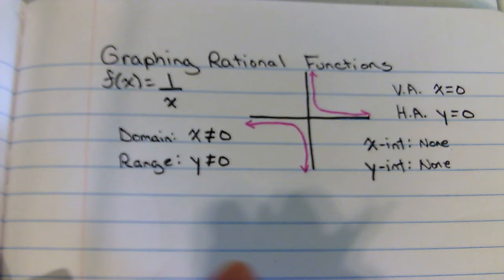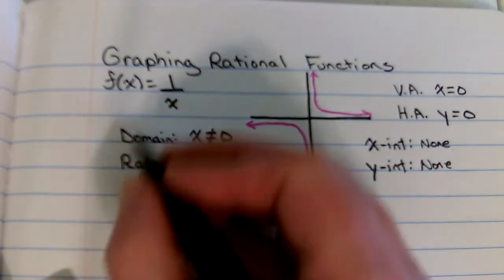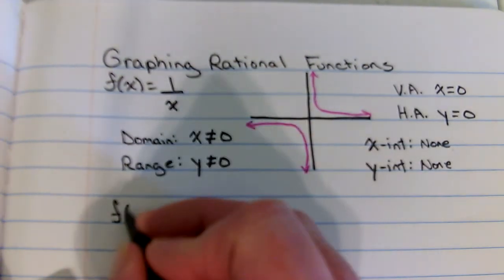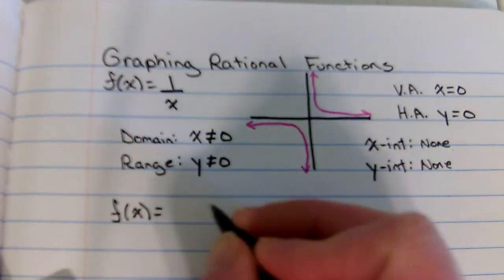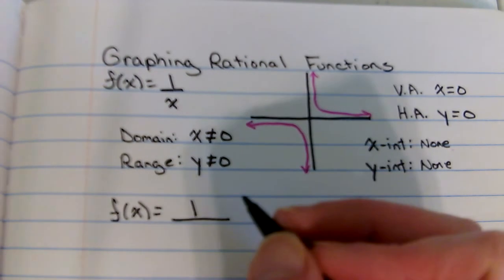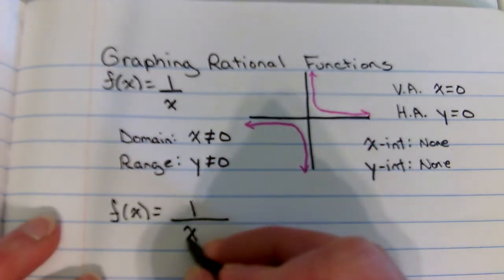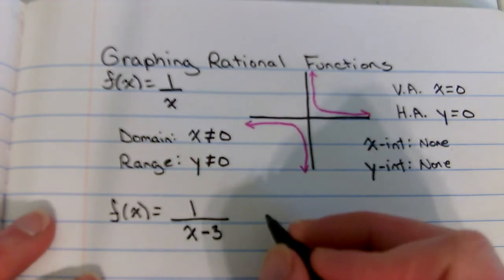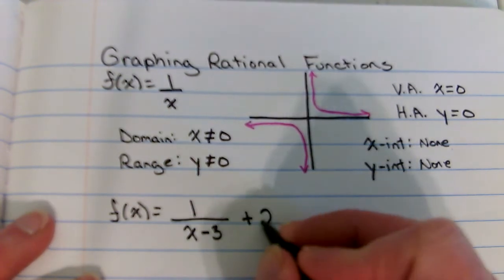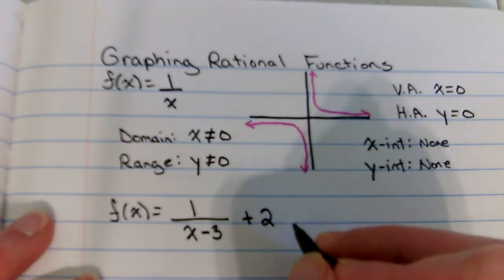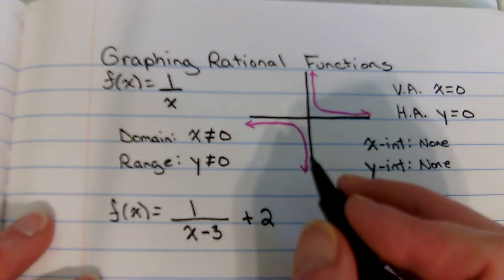But just thinking about what happens, what if I took that function and did 1 over, let's say, x minus 3, and then put a plus 2 at the end? What would that do to this graph?